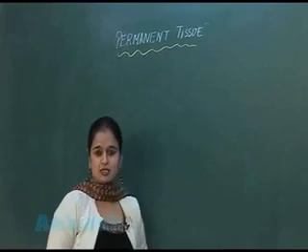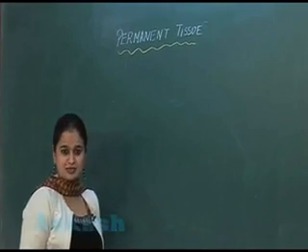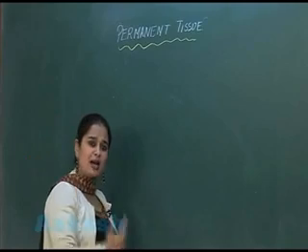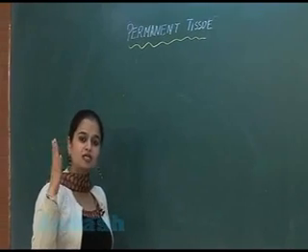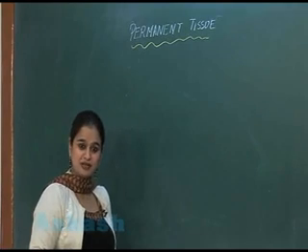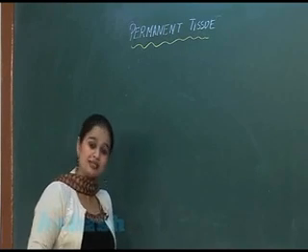Permanent tissue consists of living or dead cells which are derived from meristematic tissue. But now these cells have lost the capacity of division. Division capacity is absent.